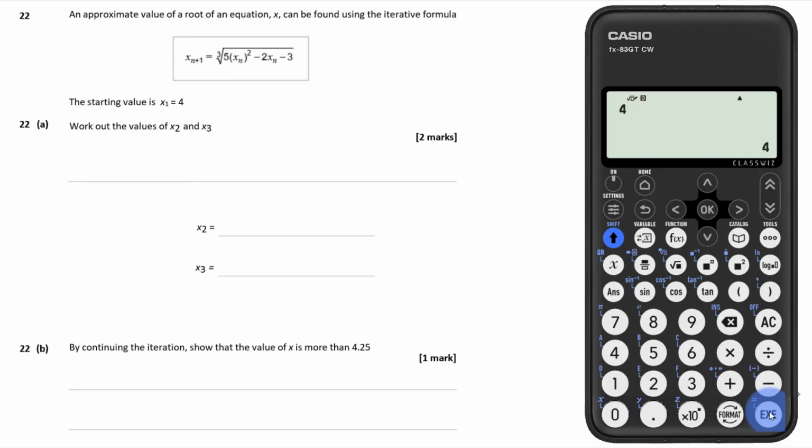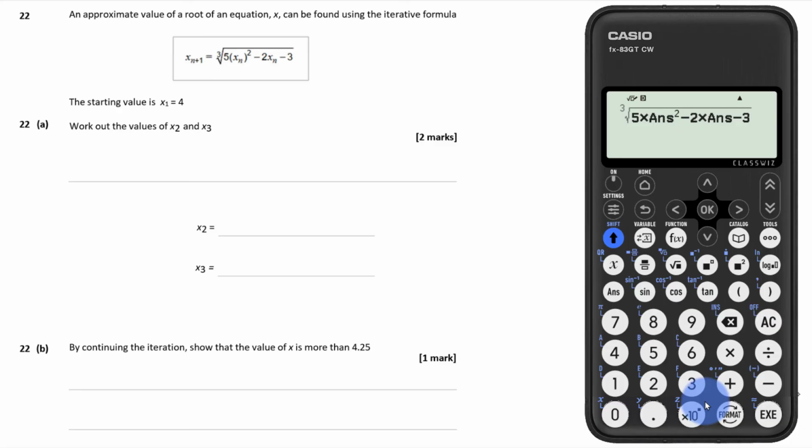So I've got 4 stored as the last answer, then typing in the new equation for x2, I'm going to use the cube root key, cube root of 5 times answer squared, might put that in brackets, I don't know if it makes any difference, then minus 2 times the answer, minus 3.